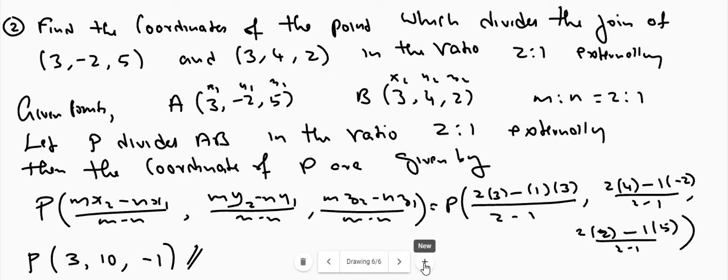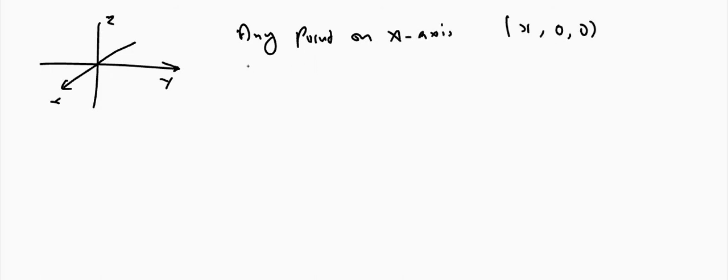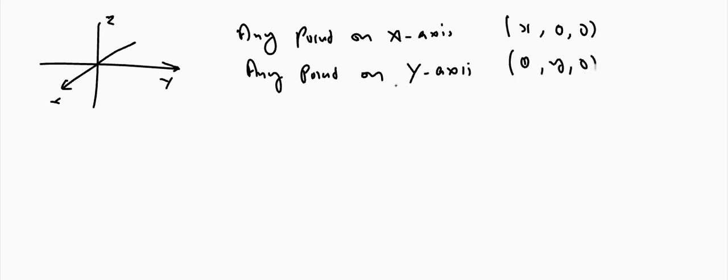You have to know that any point on the x-axis is of the form (x, 0, 0), any point on the y-axis is of the form (0, y, 0), and any point on the z-axis is of the form (0, 0, z).